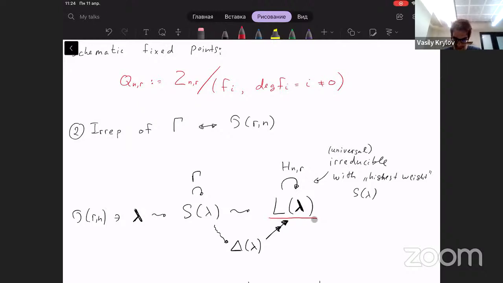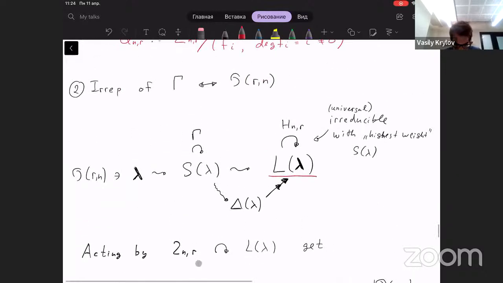So this will be a simple module over H_{1,c}, and you can think about it as an irreducible representation with highest weight S of lambda. Okay, and then the center acts on this L of lambda by some scalars.